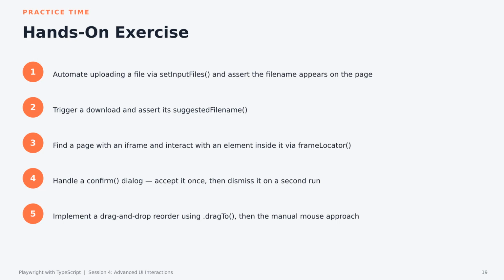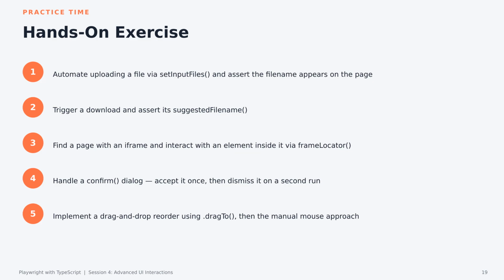Your turn. Five things. One: automate a file upload using setInputFiles and assert that the file name actually appears somewhere on the page afterward. Two: trigger a download and assert on its suggested file name. Three: find a page containing an iframe and interact with an element inside it using frameLocator.